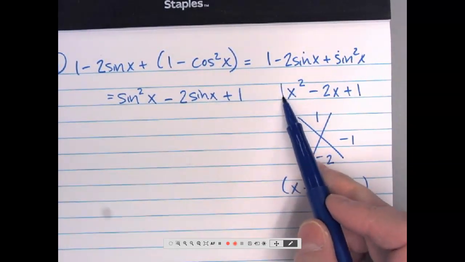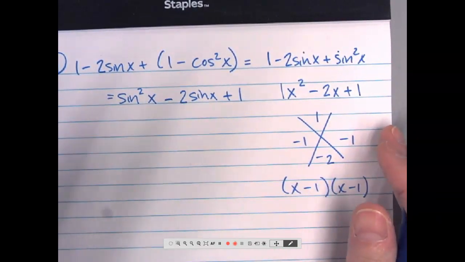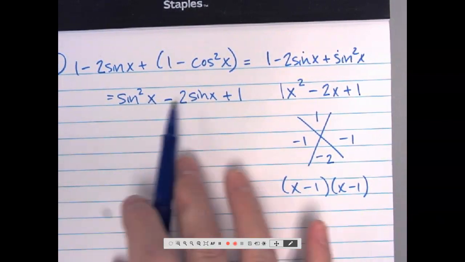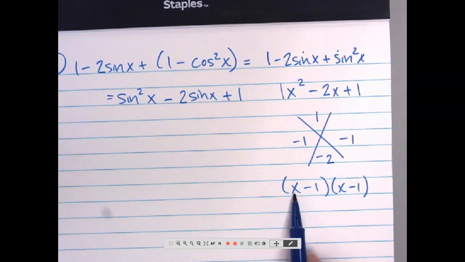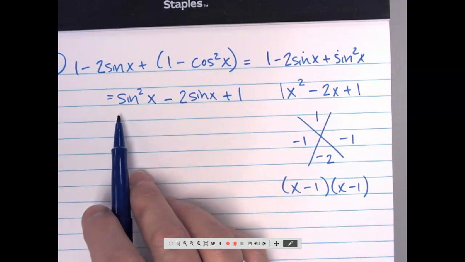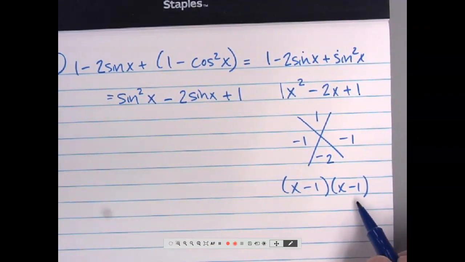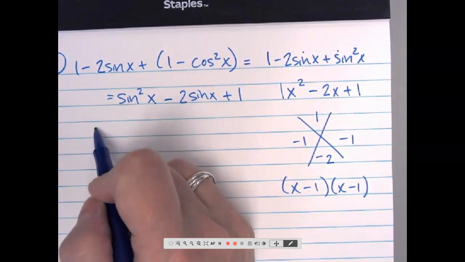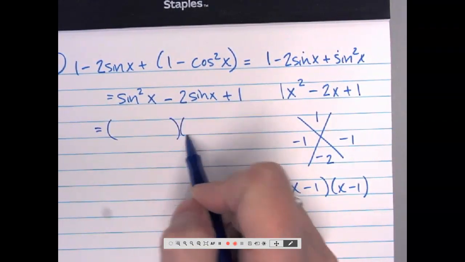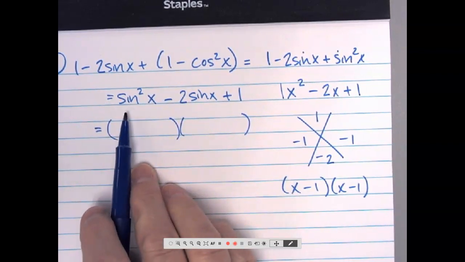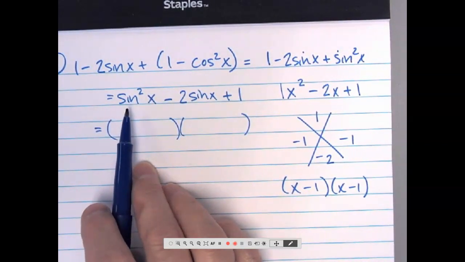Okay, when your lead coefficient is 1, then that's all the work we need to do. So this is the same exact thing, but my x is not x, it's just sine x. Okay, so my factors would be sine x minus 1 times sine x minus 1. If I did this by guess and check, I would say, okay, what two things do I multiply to get sine squared?